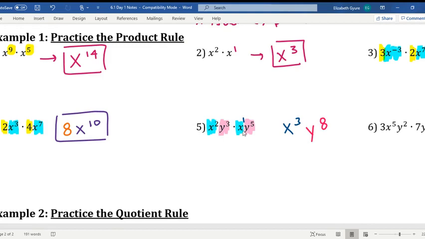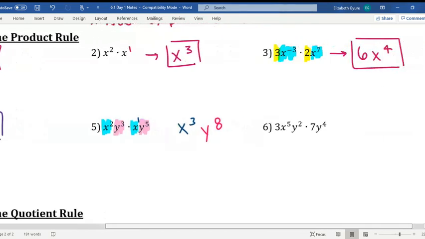I combine my x's, I combine my y's, and I'm done. It's one that looks a little trickier than it is, right? Keep things that look like each other together. So x's with x's, y's with y's. Do we see where the 3 and the 8 came from? Okay.